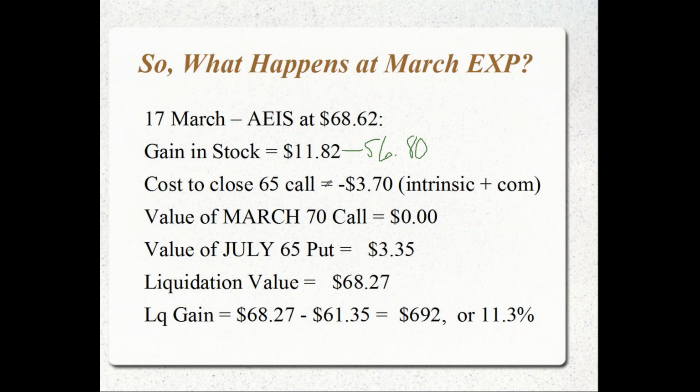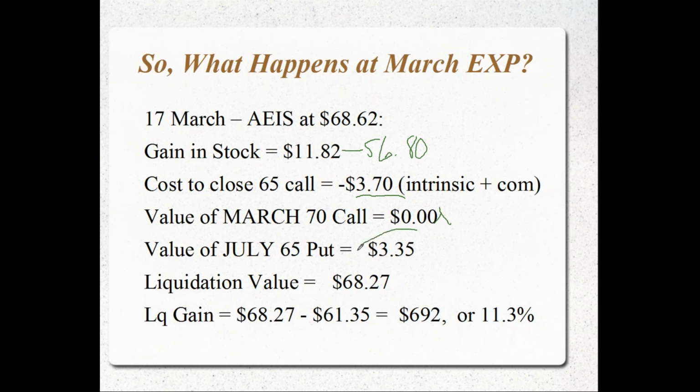What would it cost me to close the call? Well, about $3.70. Okay, intrinsic value plus some commissions. Remember, we took in the 90 cents for it. We'd have to pay $3.70 if we wanted to close it. Our March 70 call, well, the stock really didn't gap up as we expected, but we lost the 25 cents.